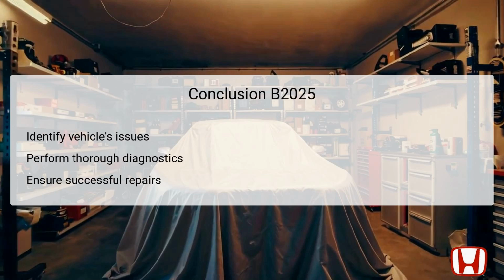In summary, the troubleshooting of DTC B2025 for the 2011 to 2017 Honda Odyssey requires a systematic approach. Identifying problems with the left power sliding door switch involves understanding its role within the door mechanism.